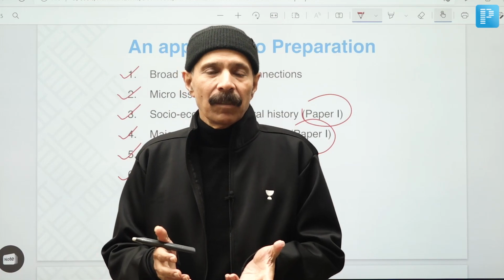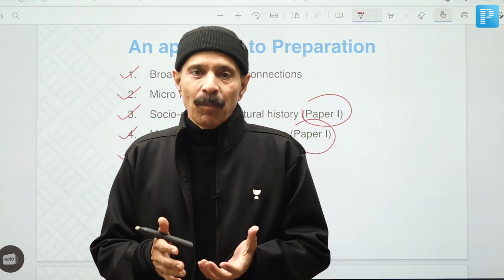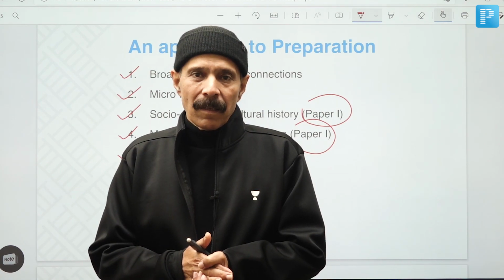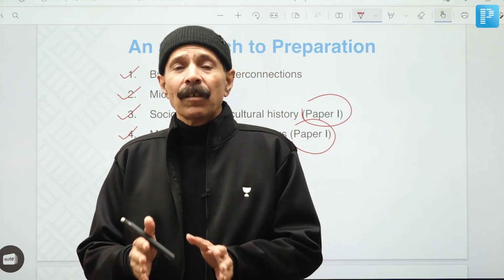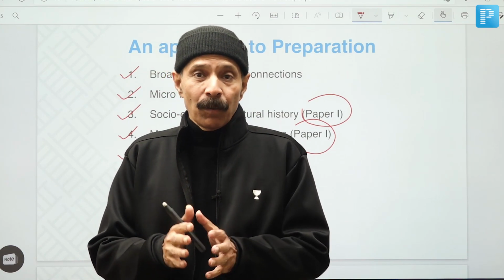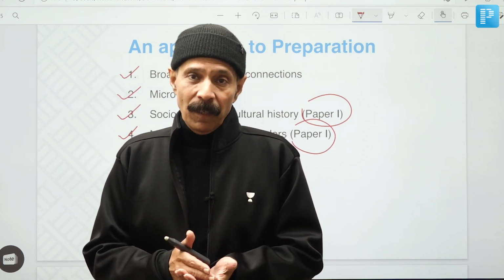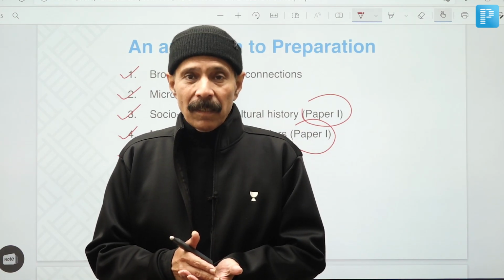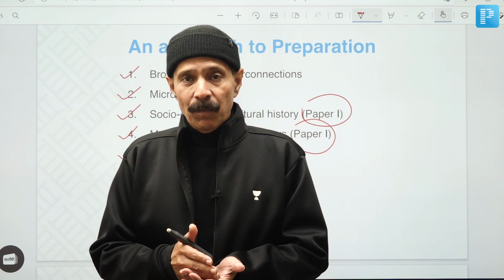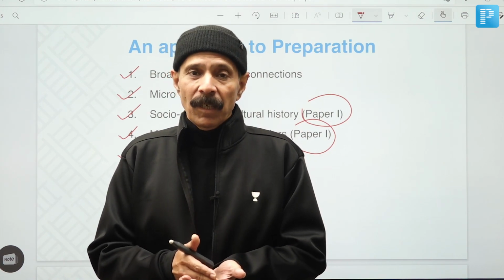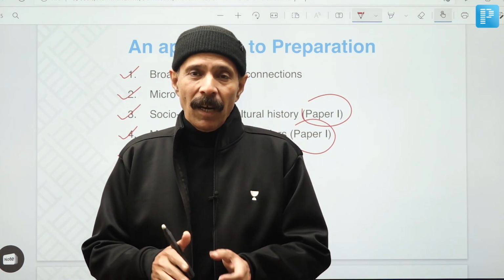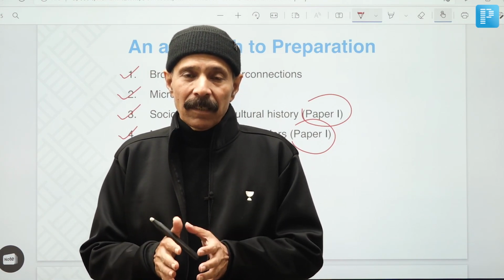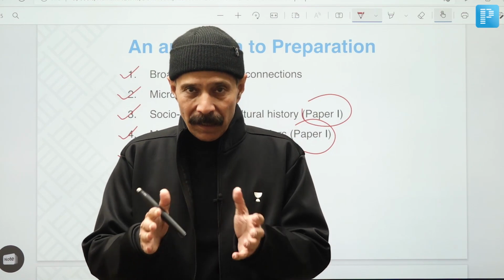I mean, these important personalities represent important nationalist leaders. There are many. But the questions are there only on a few. And they are Dadabhai Naoroji, Mahatma Gandhi, Jawaharlal Nehru, Subhash Chandra Bose, and Sardar Patel. If you analyze the question papers, you will find almost all the questions on nationalist leaders are related to these.